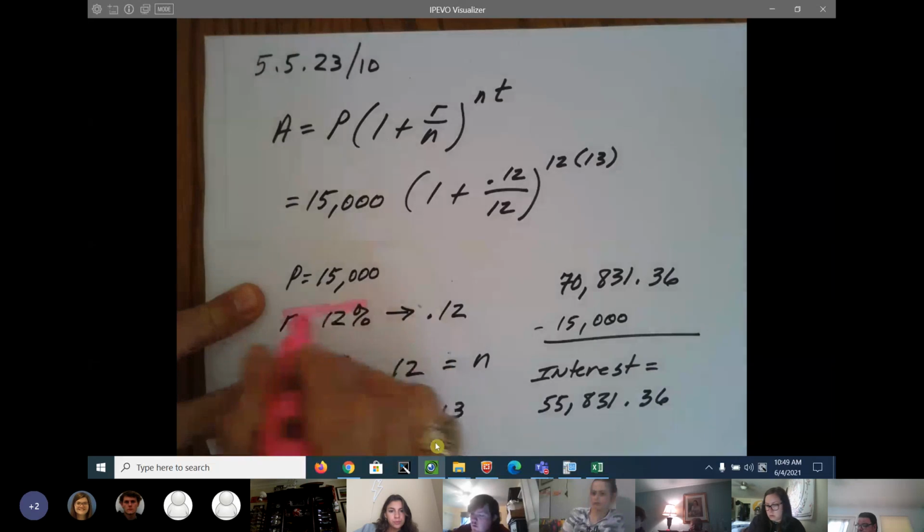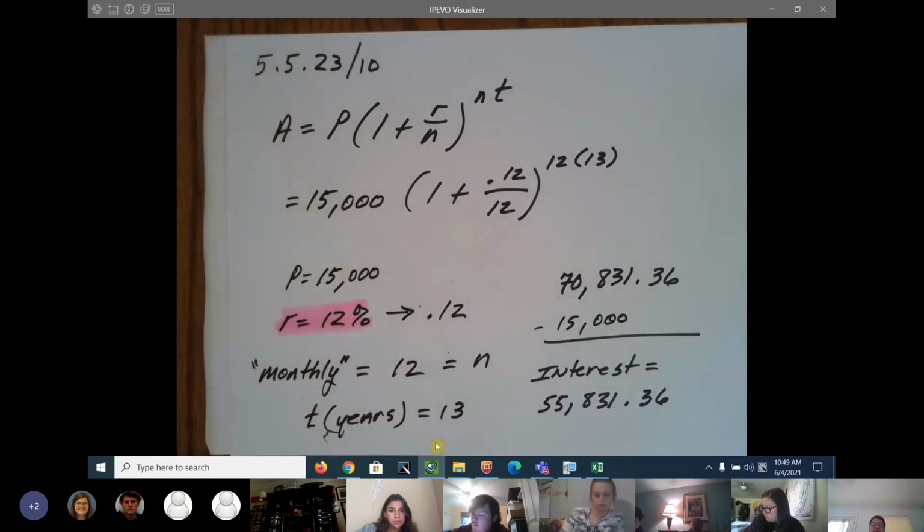Any banking people in here? Anybody work at a bank? They don't give 12% anymore. This was like before the recession. I would say something else, but I'll just be quiet. Any questions? Now you're lucky to get 2%.